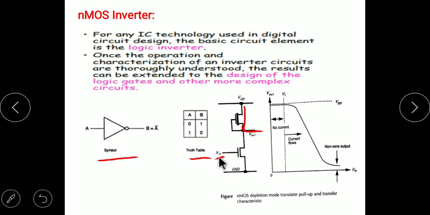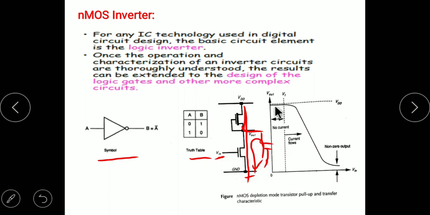Similarly, if input is high, then this NMOS transistor turns on, so there is a continuous path between VDD and ground. Hence the output goes to 0. Or if here there is a capacitor, initially charged to VDD, it now discharges through this path, hence the output goes to 0.